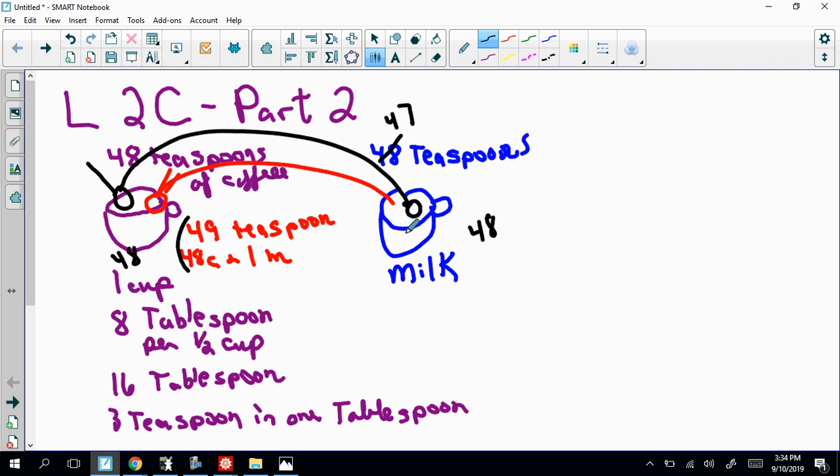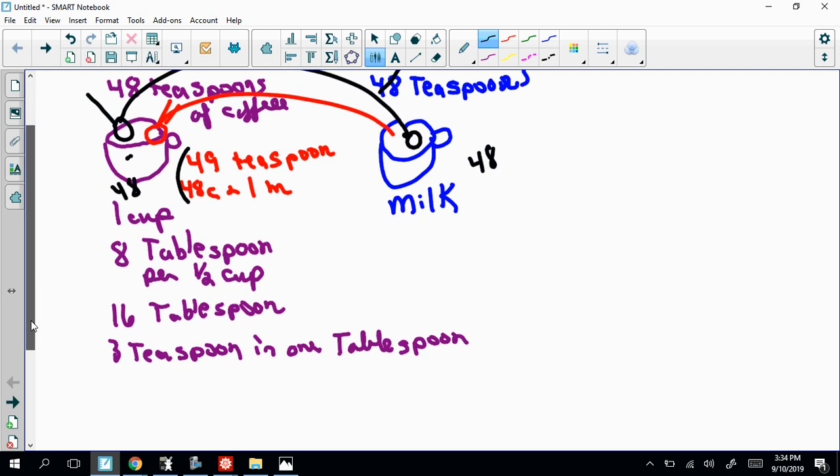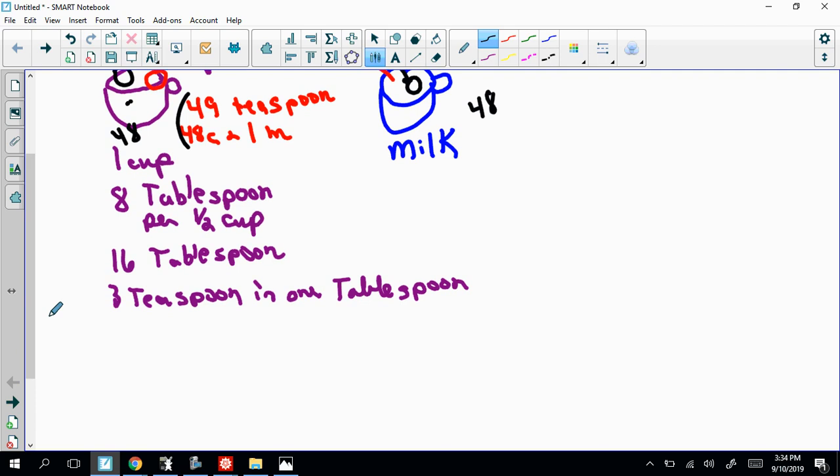Is the number of parts of milk the same as the number of parts of coffee, and vice versa? That's what we're trying to figure out. The reason this problem's so hard is because you've got 48 things and 49 things, and it's making it a little difficult. So what we're going to do is make it way simpler.